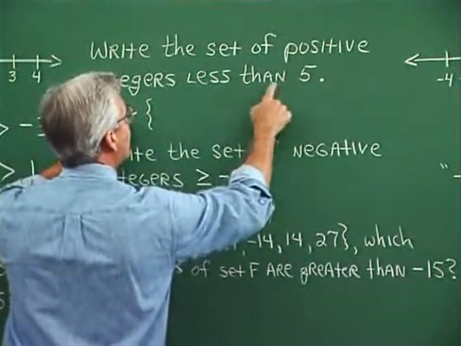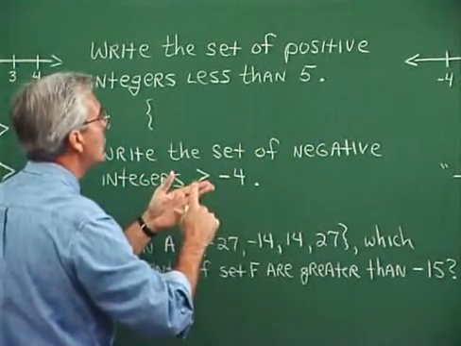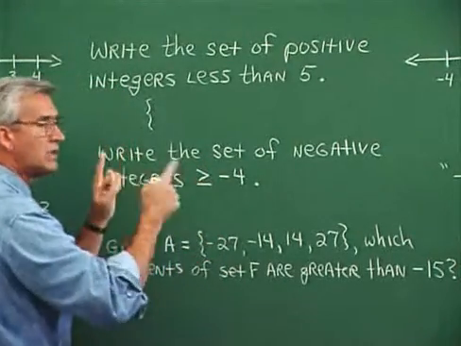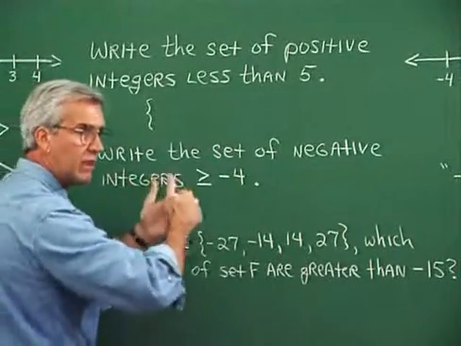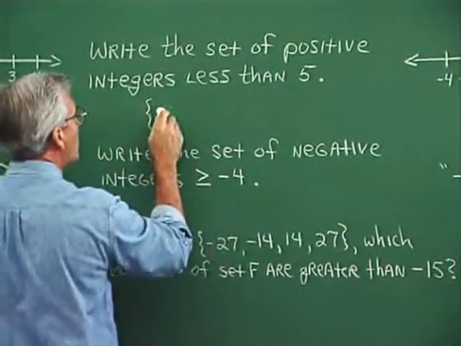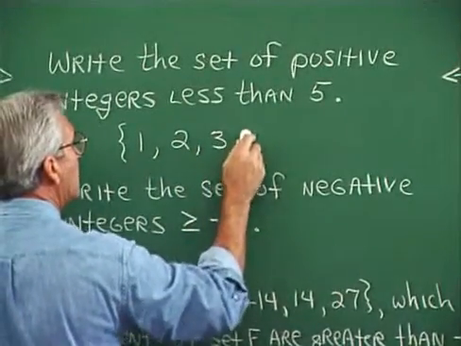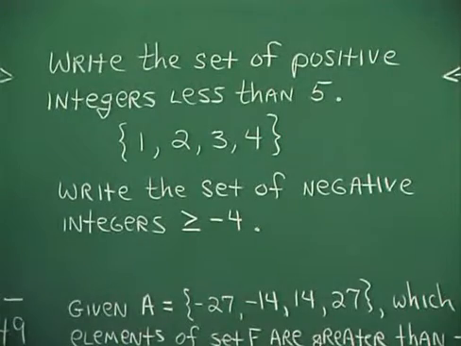Now strictly less than 5, that means 4, 3, 2, and 1. We don't list 0 because 0 is neither positive nor negative. The first positive number to the right of 0 would be 1. So this would be the numbers 1, 2, 3, and 4. So this is the set of positive integers less than 5.